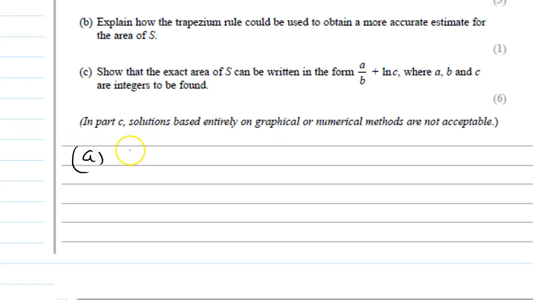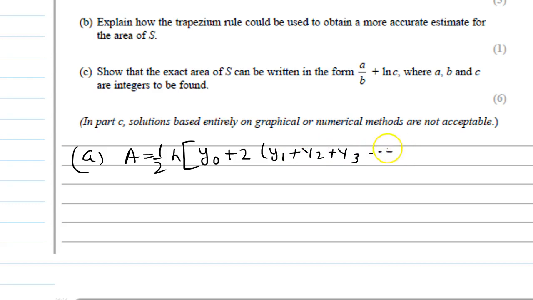The A part: use the trapezium rule and calculate the area up to 3 decimal places. So the trapezium rule formula: A is 1 by 2 h times y0 plus 2 times y1 plus y2 plus y3 and so on, and the last value is yn, with yn minus 1 before it.